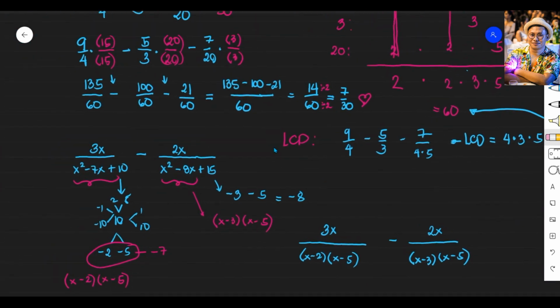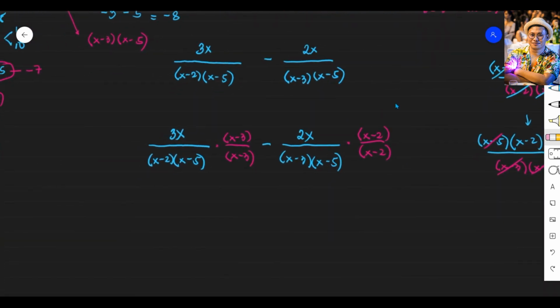So actually same thing ani. After nato gisuwat ang kanang mga multiplier, ato rang gi-simplify nga 9 times 15 is 135. So ato silang gi-simplify guys. 3x times x minus 3 over kanang when you multiply these expression, imo ra man ang itupad.